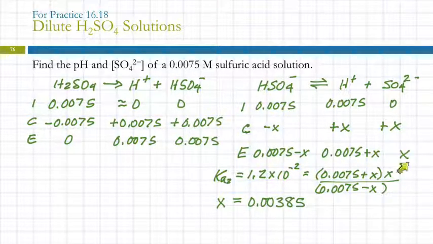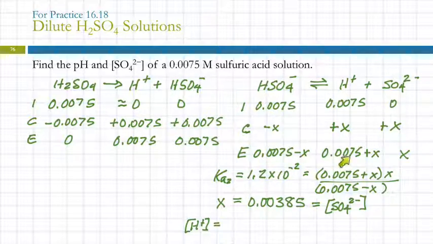Well, the sulfate ion concentration is X. The hydrogen ion concentration, I have to use this term, 0.0075 plus x, 0.0075 plus 0.00385, which is 0.01135.